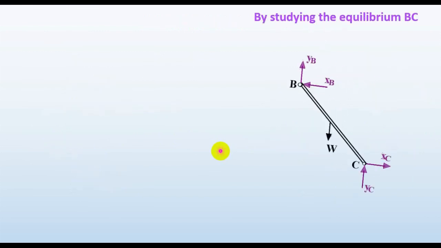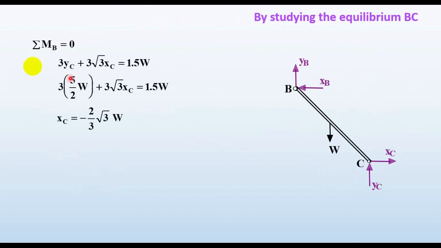When we break it, we find that YC is present, and these 3 are unknowns. We have sigma around B, so we get XC. That is reversing the imposed.